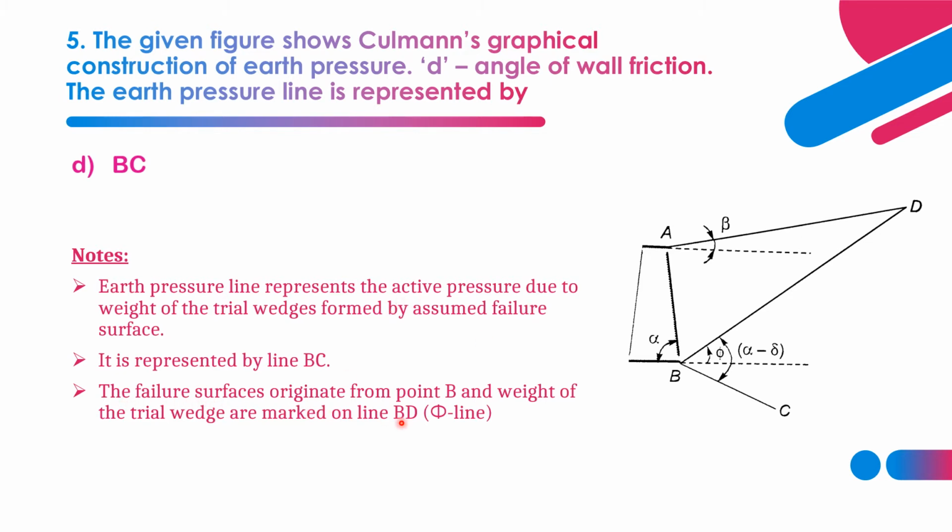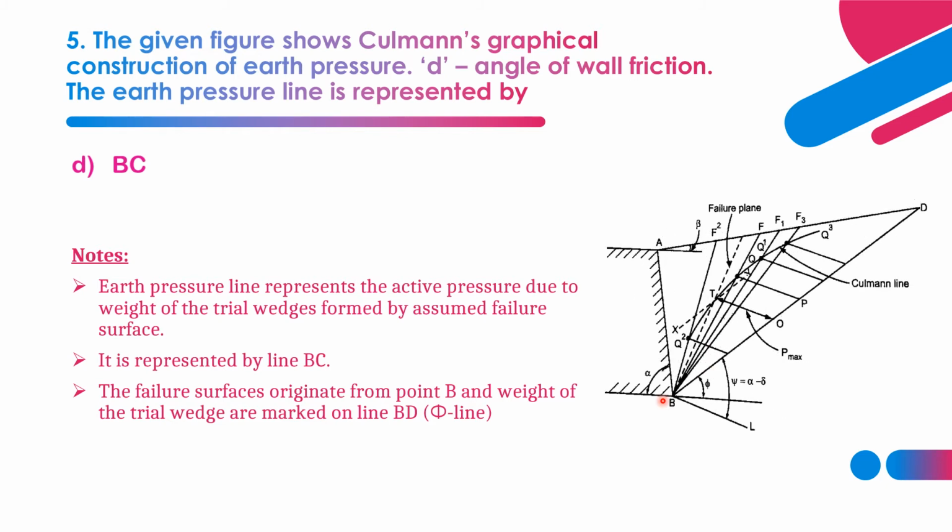The failure surfaces originate from point B. From this point the failure surfaces originate, and the weights of trial wedges are marked on the BD line. This is the wedge, the weight of which is marked on the BD line, and the BD line is nothing but the phi line. Here you can see the mention of phi, that is the angle of internal friction.